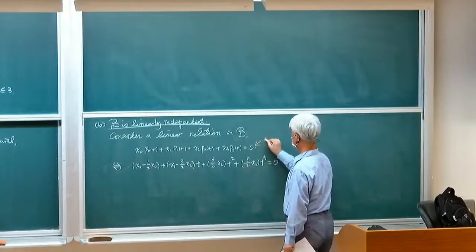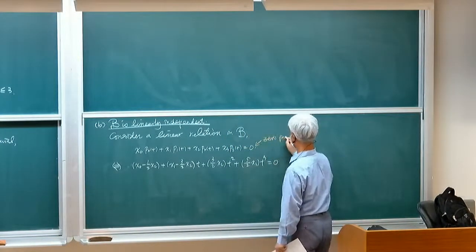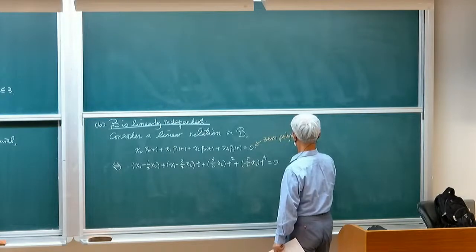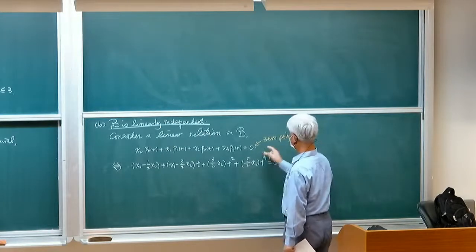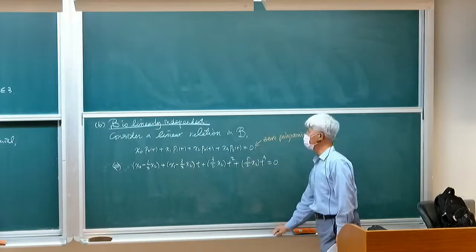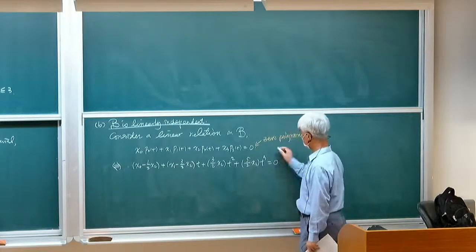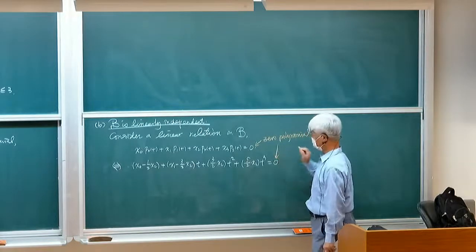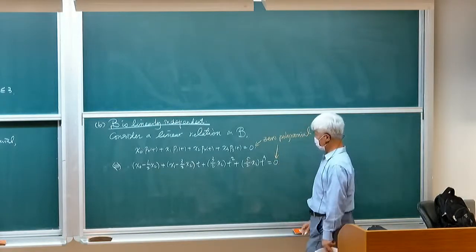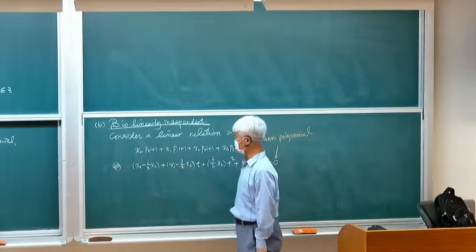And then once again, this is the 0 polynomial. So by definition, all the coefficients should be 0.